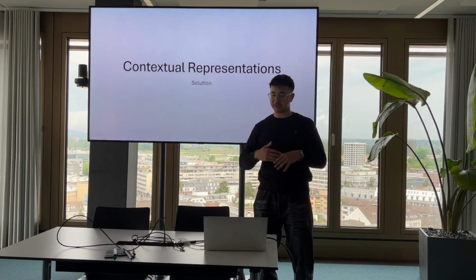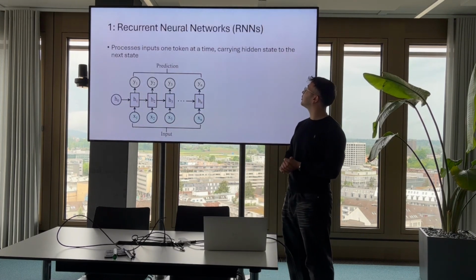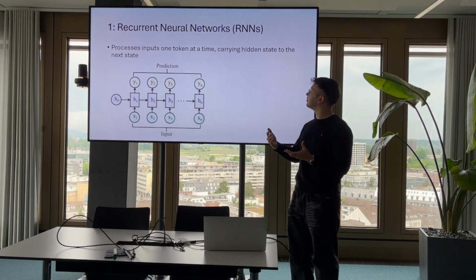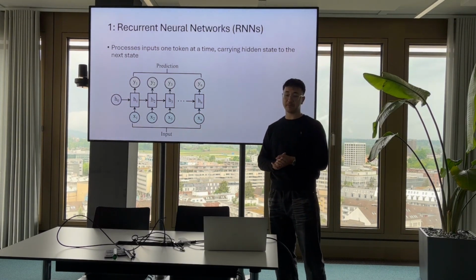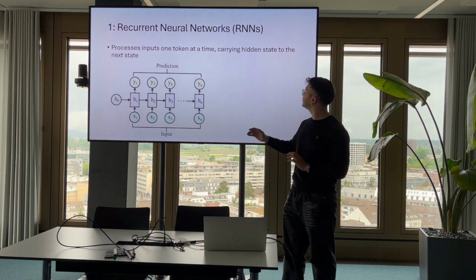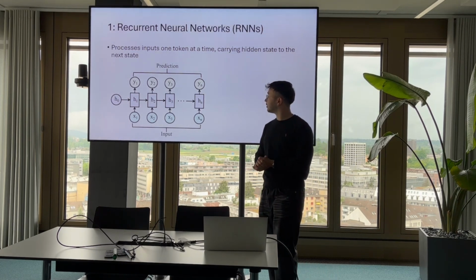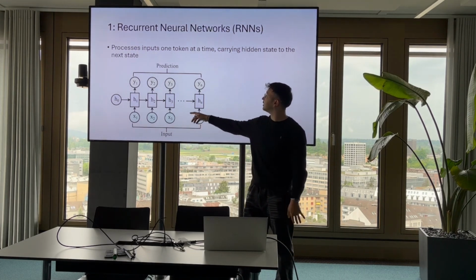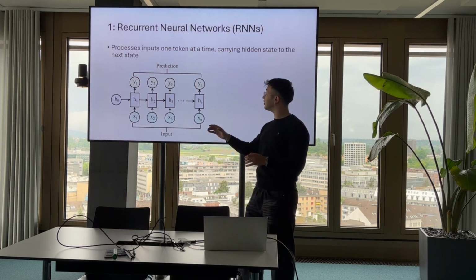And I'm gonna talk about the history a bit. So first we had recurrent neural networks. This is a machine learning model which processes inputs one token at a time, carrying the hidden state token per token. So for example, you have the sequence of tokens X, and you predict, and each prediction depends on the previous state.